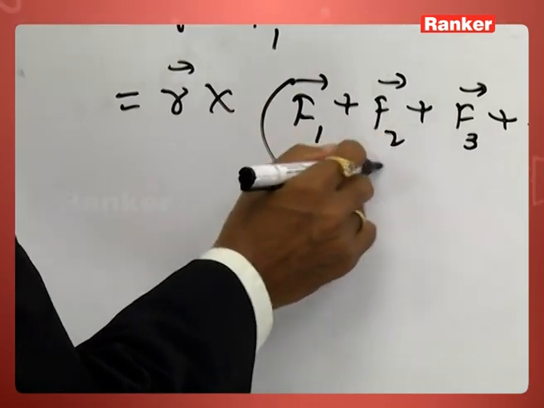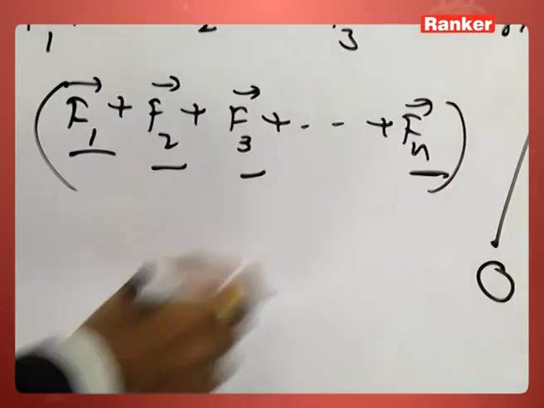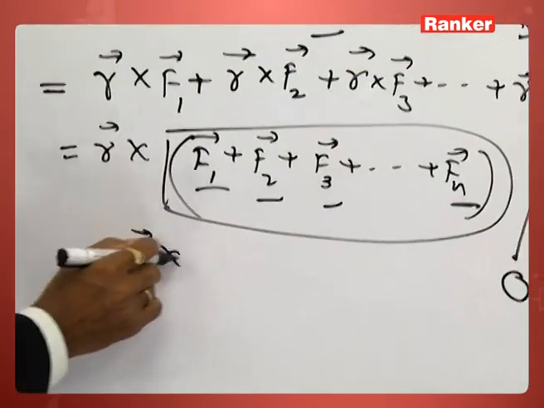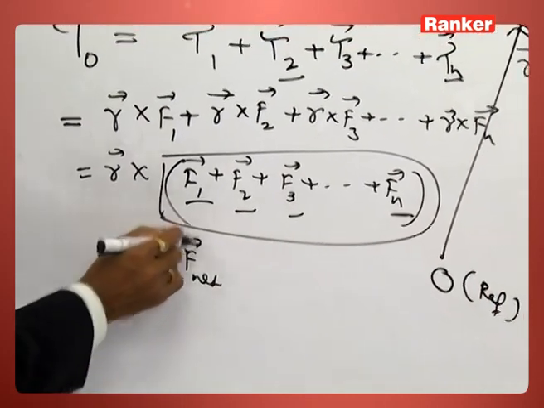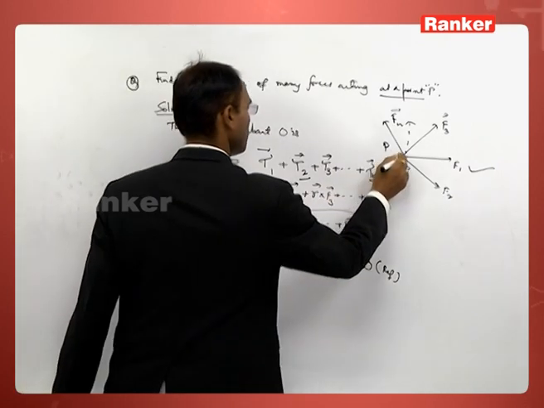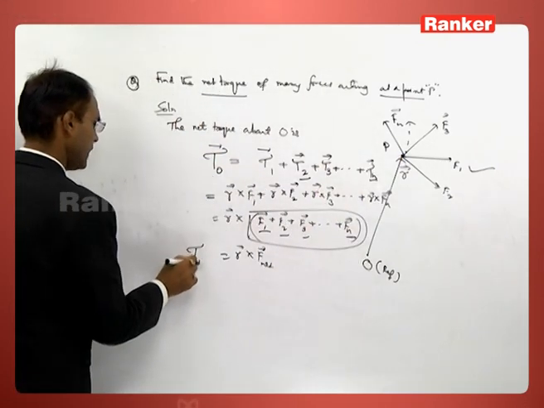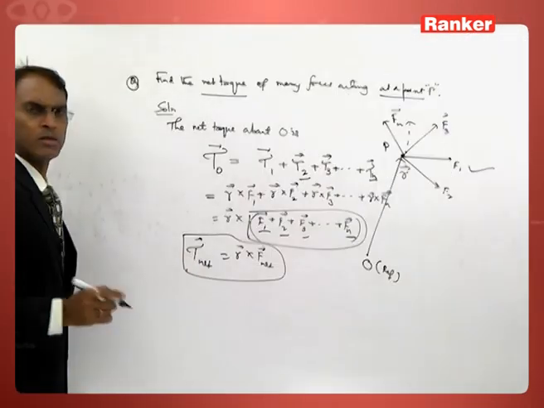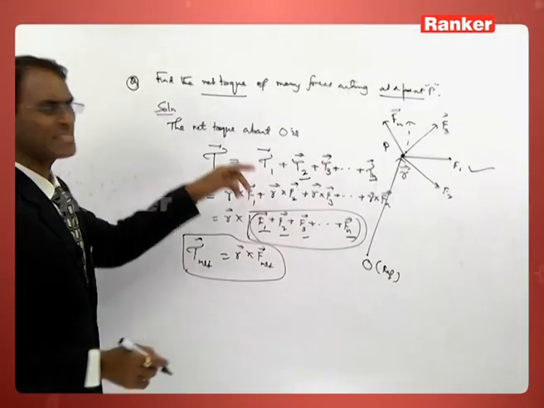R cross F1 plus F2 plus F3 up to Fn. And this is the net force acting on the particle or at the point. So the net torque is equal to the torque of the net force when all the forces act at a point.